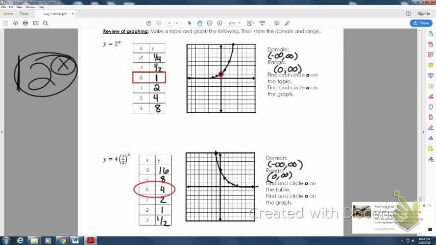The last thing I want you to write, and you're going to just write it in between the two graphs, to find the b value. You're going to divide any y value by the previous y value. Let me just kind of quickly show you how that works.